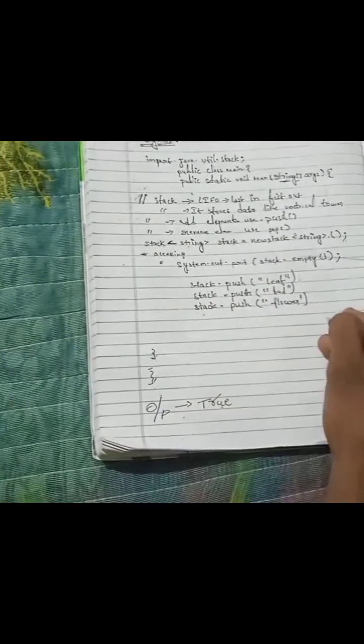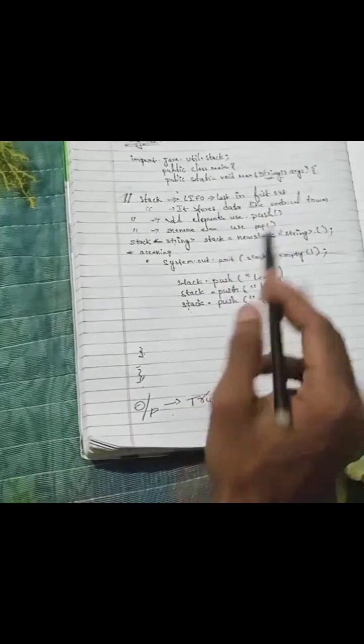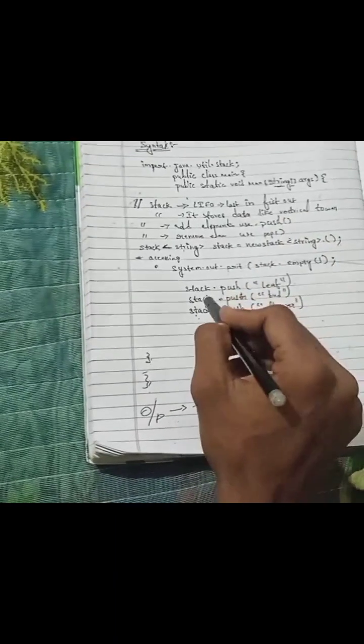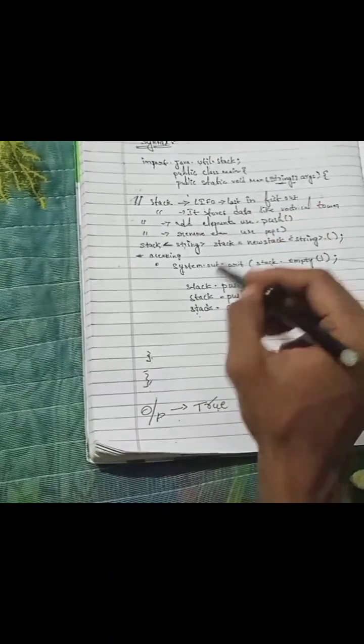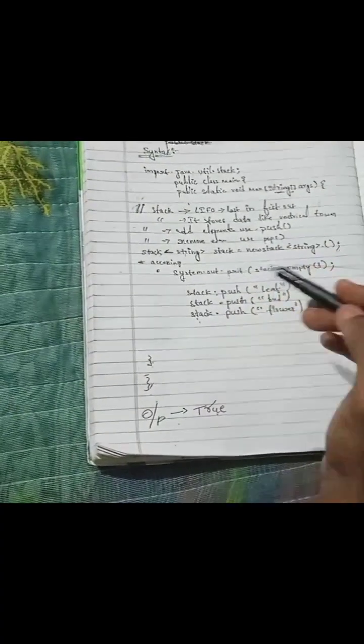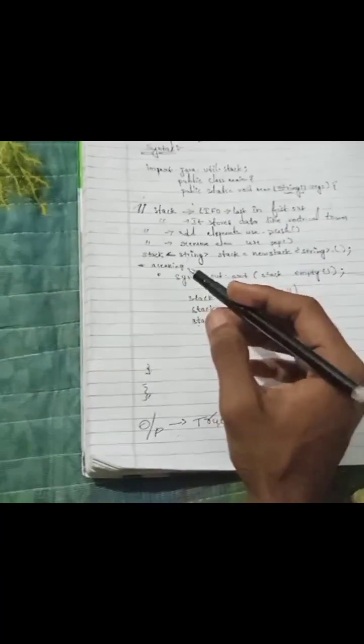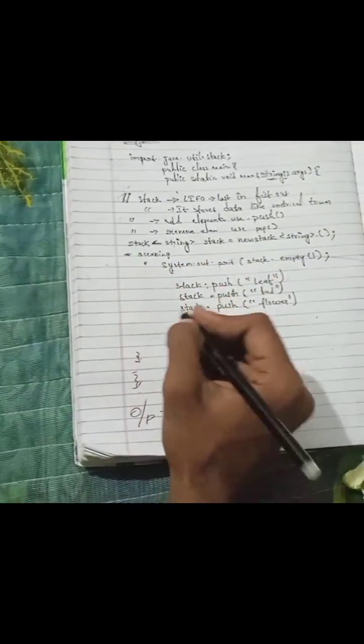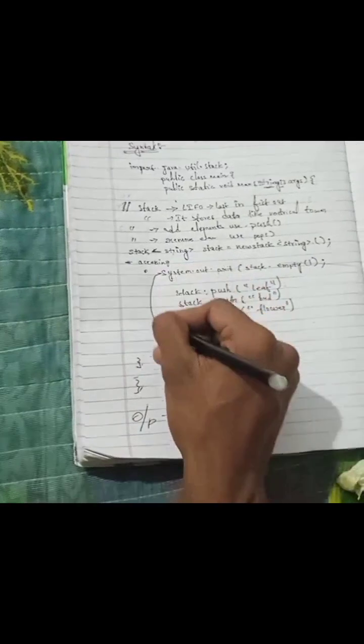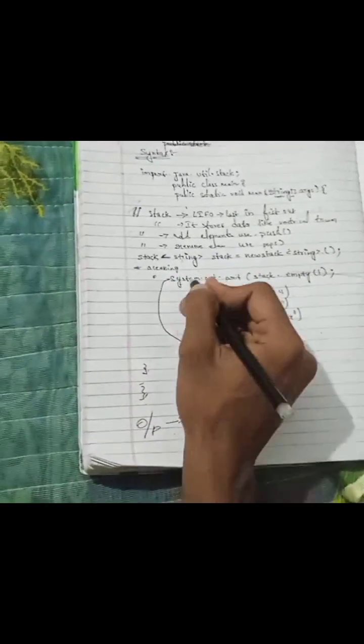To access by pushing elements, you have to access these above code. In the strings, these boxes store these elements in order. So now we're going to put this code here.